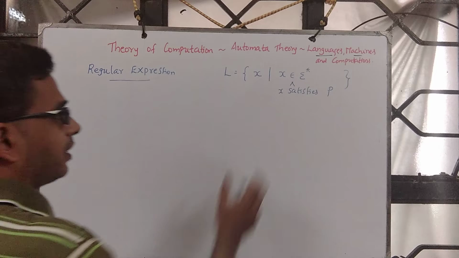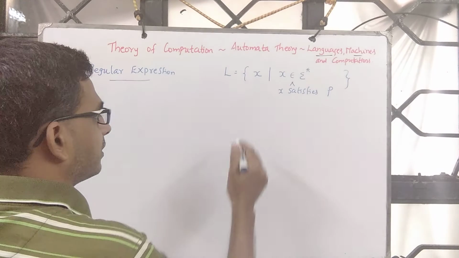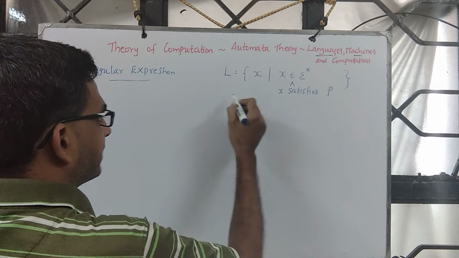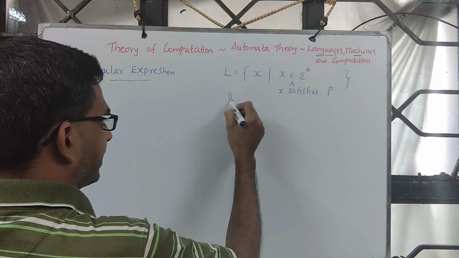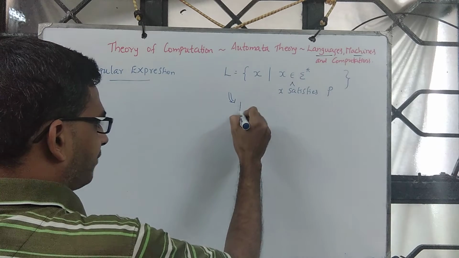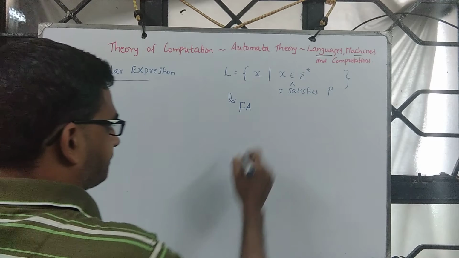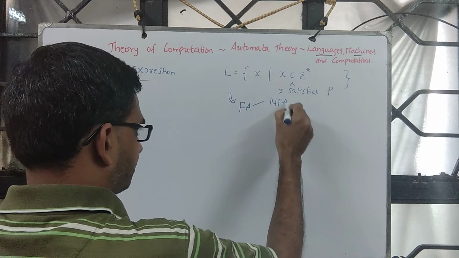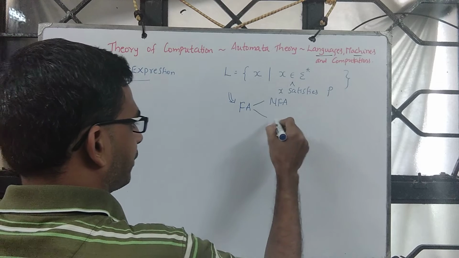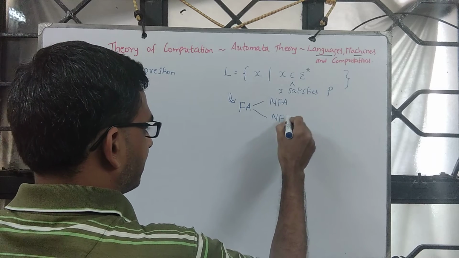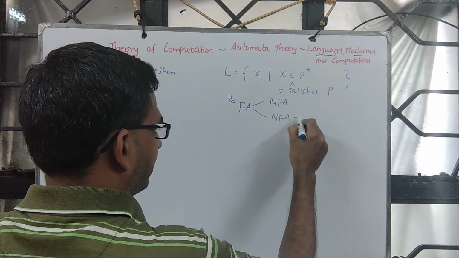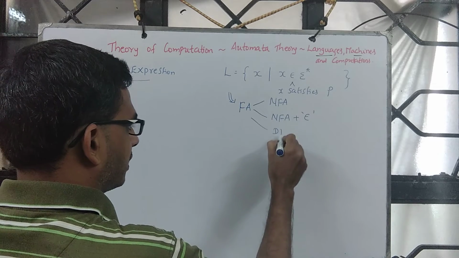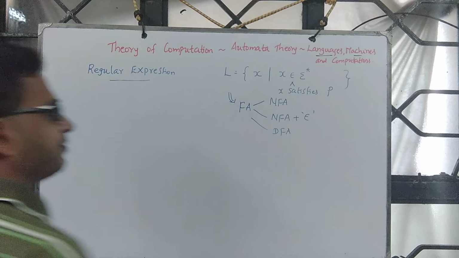Now, for a language like this, we also saw that one can construct a finite automaton. It includes non-deterministic finite automaton, in some cases non-deterministic finite automaton with epsilon. We also saw an equivalent DFA for it.